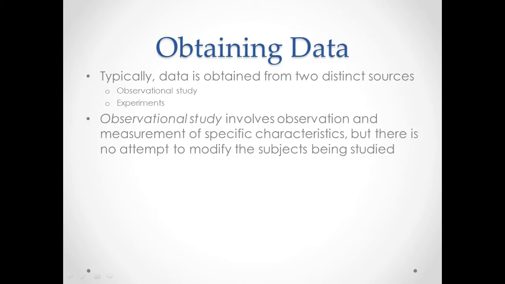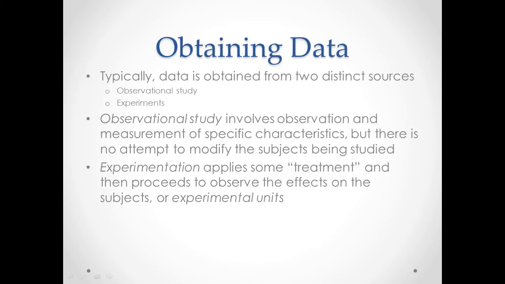The important part here is that there is absolutely no attempt to modify anyone that you are studying. It is strictly an observational test of how people function in different types of environments, different formats of working, education, etc. Where you'll see experiments is typically in the medical field.